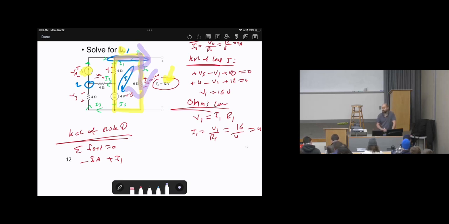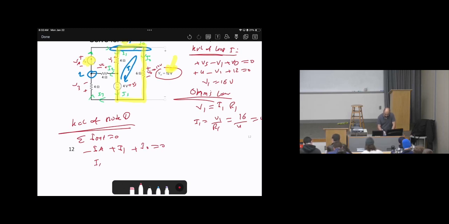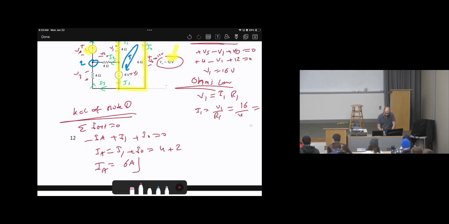Since it's leaving, it is positive. Equals 0. Therefore, IA will equal I1 plus IO. So I1 we calculated as 4 amperes, and IO we calculated as 2. So the answer will be 6 amperes. Then box the final answer. Don't forget to write the units, which is amperes.